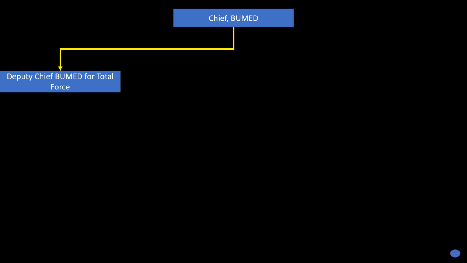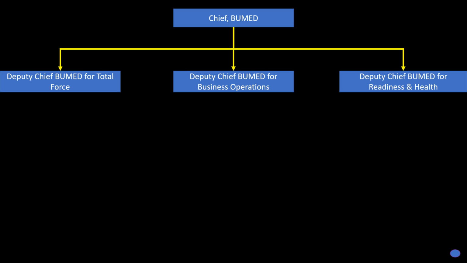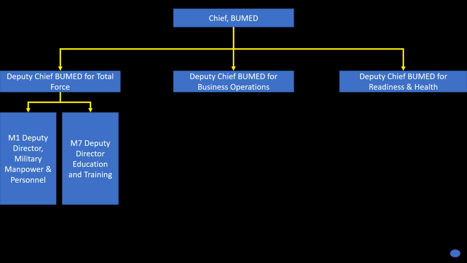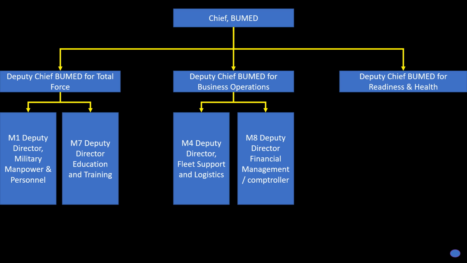Some of the departments within BUMED we've got to be familiar with. We've got the Deputy Chief BUMED for Total Force, Business Operations, and for Readiness and Health. And then we've got divisions within this, okay? So for Total Force, the two shops we've got to know about are M1 and M7. M1, our Deputy Director for Military Manpower and Personnel. M7, your Deputy Director for Education and Training. For our Deputy Chief BUMED of Business Operations, we've got M4 and we've got M8.